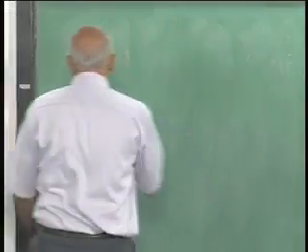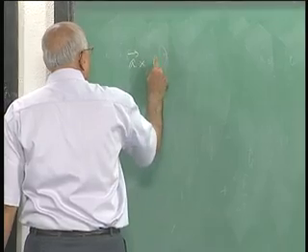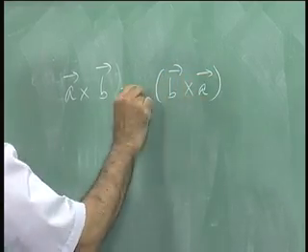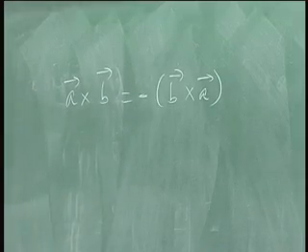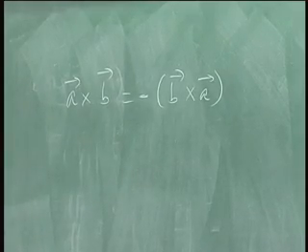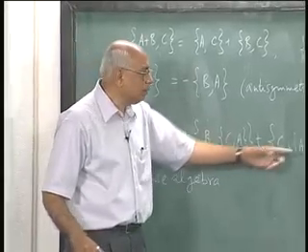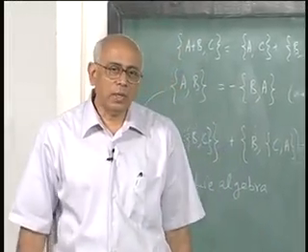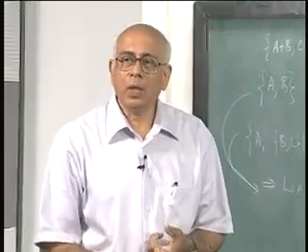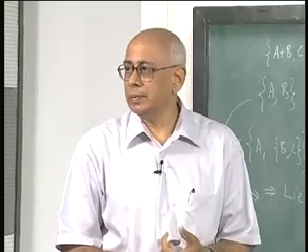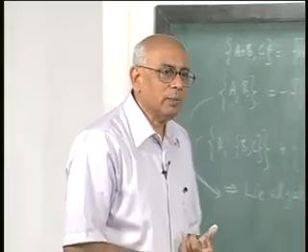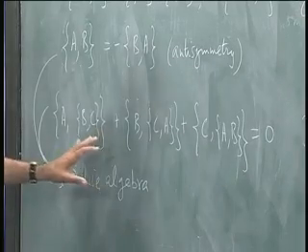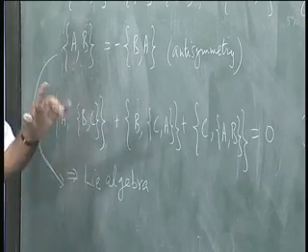So this is certainly true: A cross B equals minus B cross A, and you know the triple product A cross B cross C plus B cross C cross A plus C cross A cross B is also 0. So ordinary 3-dimensional vectors under the cross product operation form a Lie algebra. There are numerous other examples, but these are the simplest ones, and this is going to have very profound properties, as we will see very, very shortly.